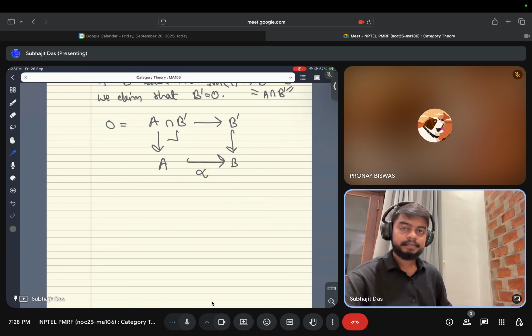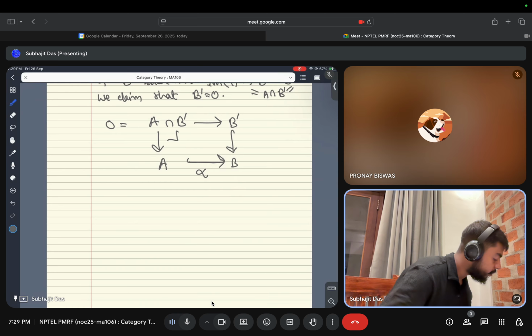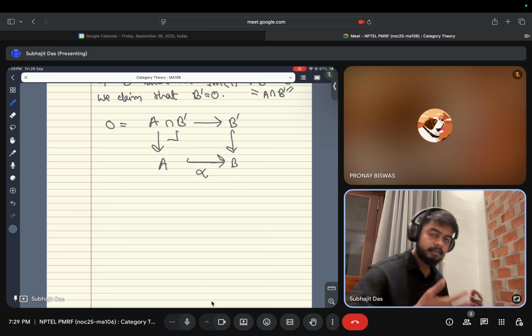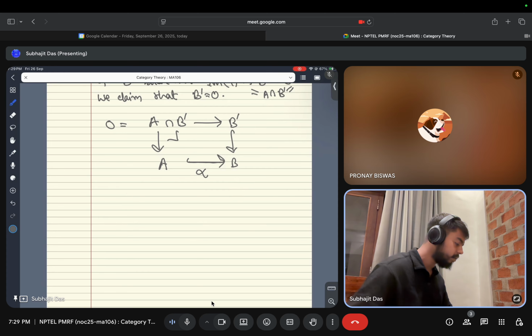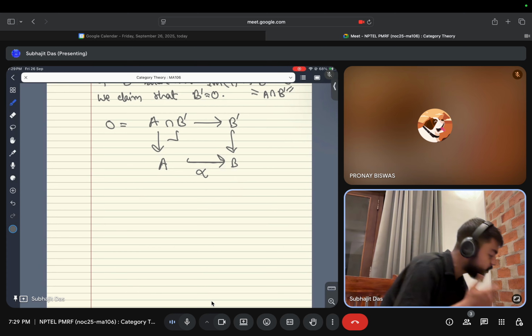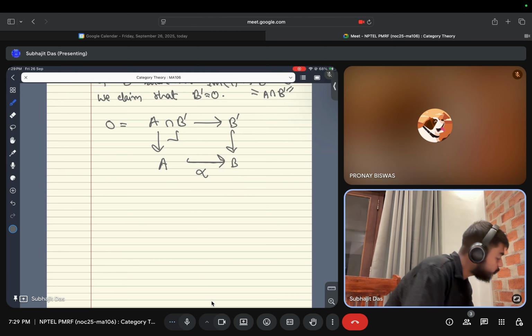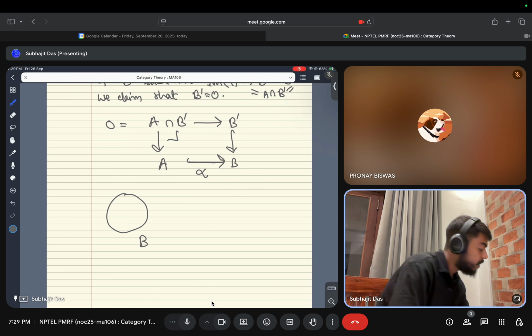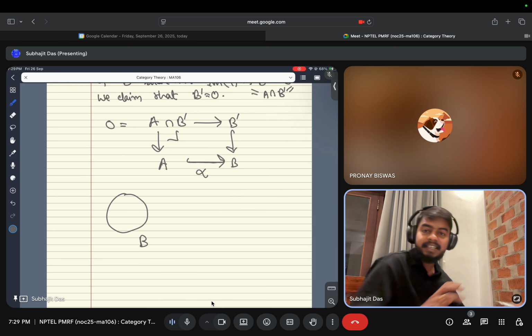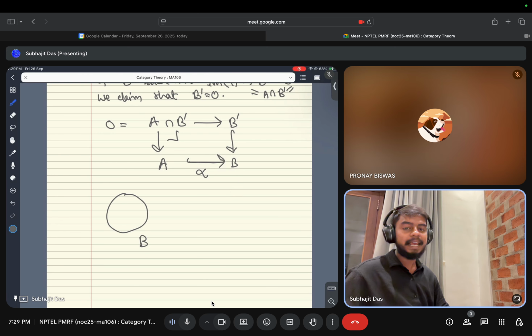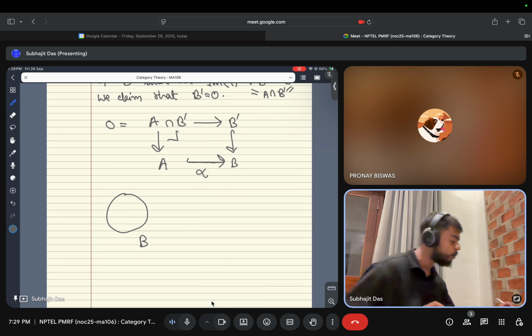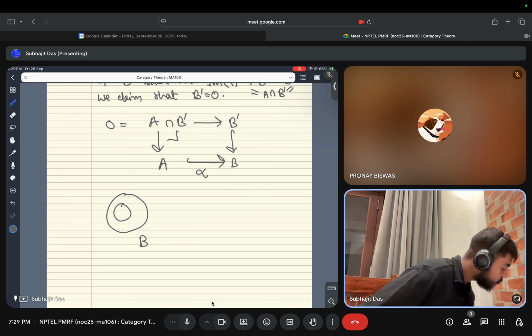So let's have a picture for this. This is not really the way we should be thinking about this, but okay, no issues. So this is our B, this is our alpha. So what are we given about A and B prime? A and B prime intersect at 0, right?